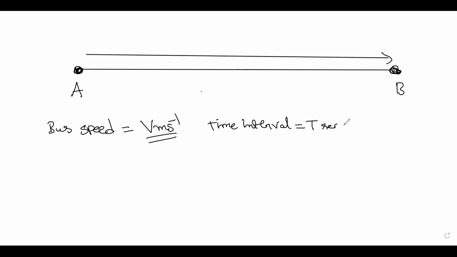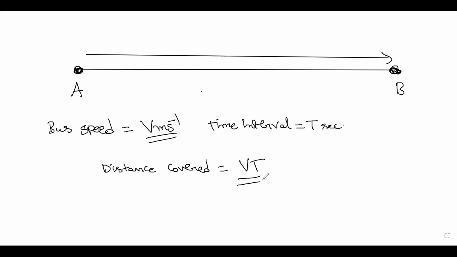Now in T seconds, what is the distance covered? Later we'll talk about cyclists. Distance covered in time T is given by Vt, right? This is the distance covered in the time T.